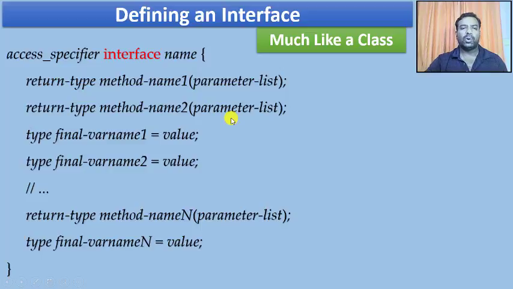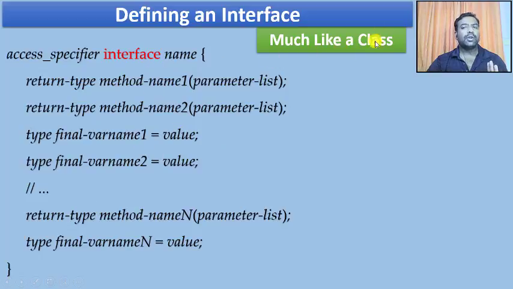As usual, this is what you do in the class. And we are going to have a data member, where we say what the data type and the variable name are, and initialize the value. Now just look at this. This is the one major difference I can see right now between an interface and a class.